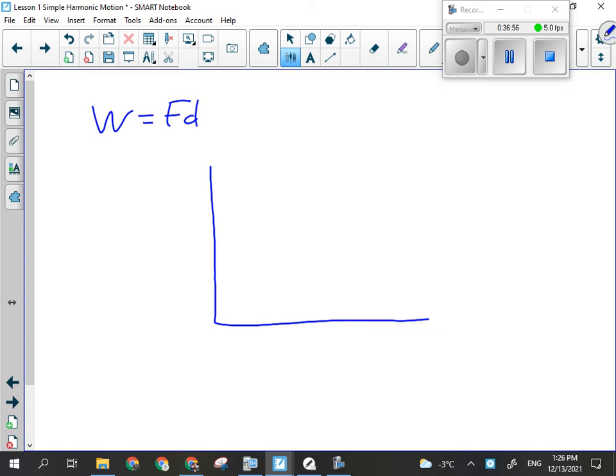And when we did that, what we got was a graph that showed us force and distance. What we saw was that as we stretched the rubber band, the force required increased linearly with distance. Okay?